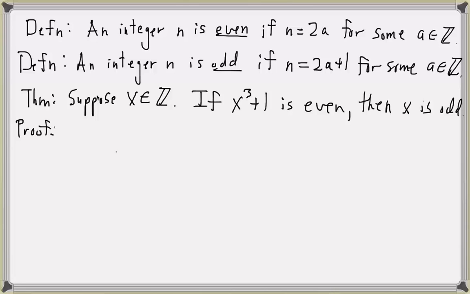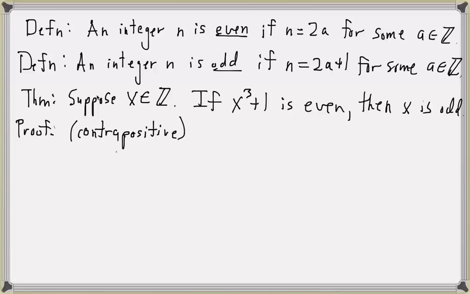And since every integer is either even or odd, we could also think of it as the statement if x is even, then x cubed plus 1 is odd. So that's the statement that's easier to prove. We're going to prove this using the contrapositive, or proof by contraposition.